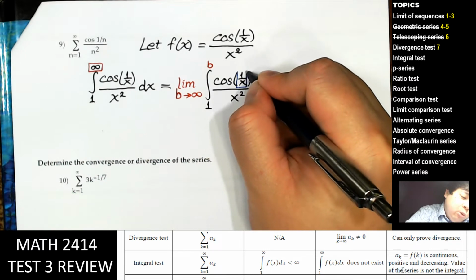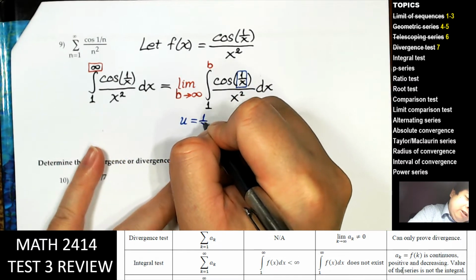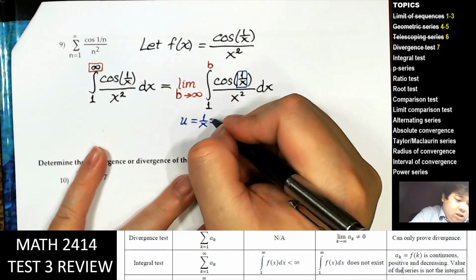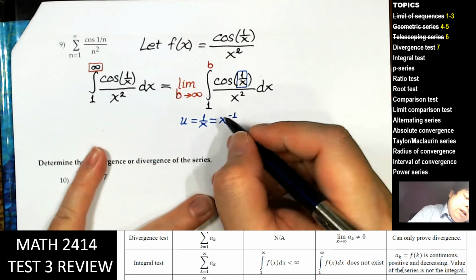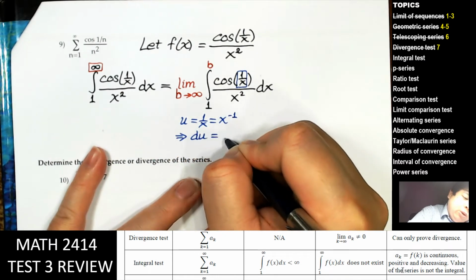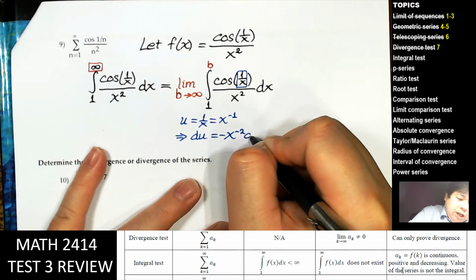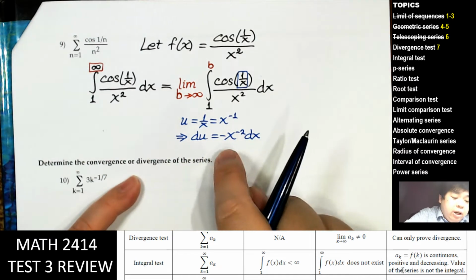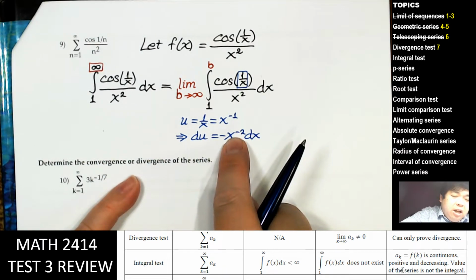We'll let u equal 1 over x, which is x to the negative 1. We can take the derivative: du is equal to negative x to the negative 2 dx. Now we bring the negative to the other side.